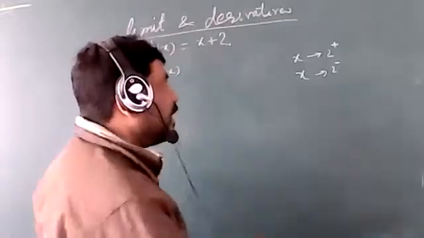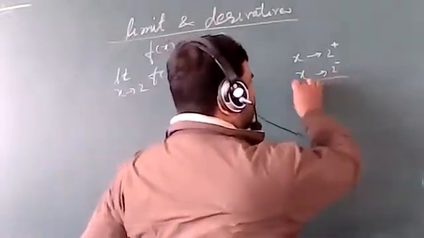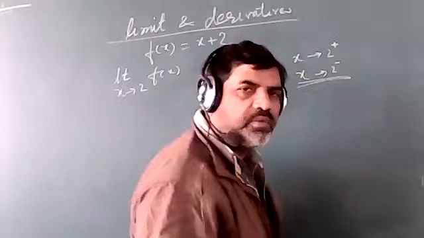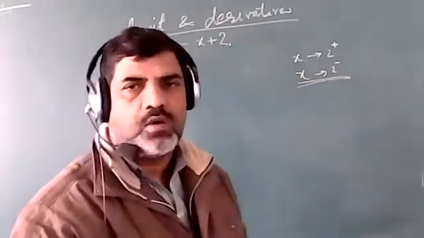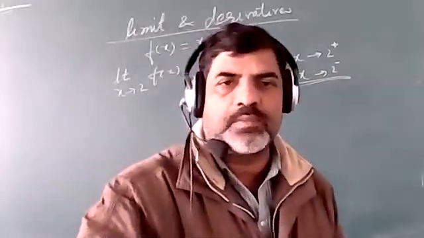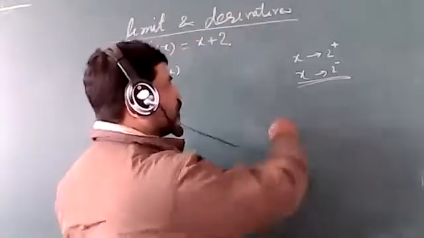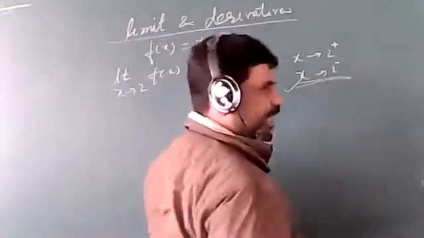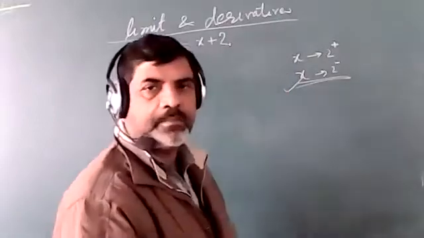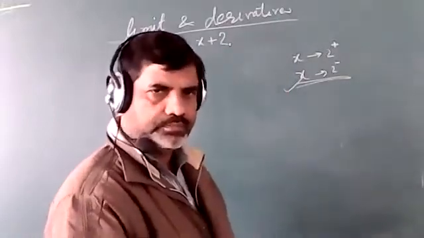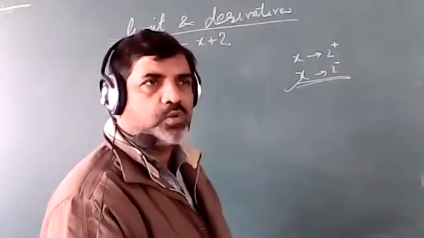Similarly, approaching from left means the value was 1.9, 1.99, 1.999. So that means it is approaching from the left side. It was slightly less than 2 and is trying to be equal to 2.